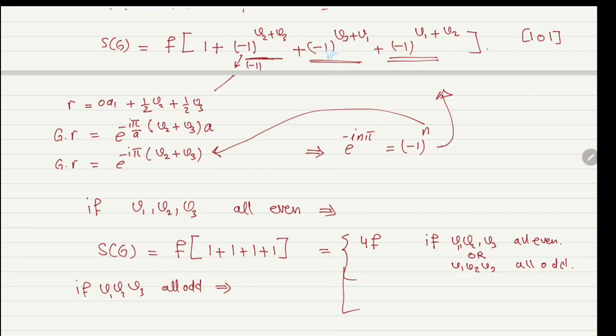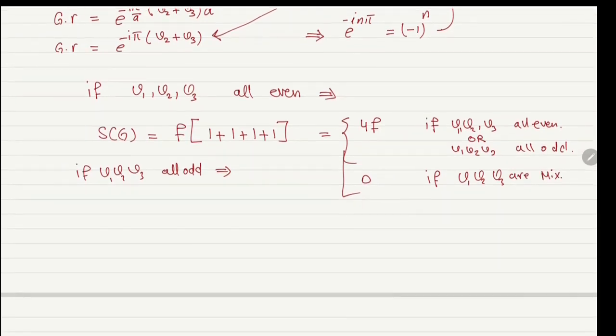Now this one here, V3 plus V1, 1 plus 1, it's even, so this one is 1. Now V1 plus V2 is odd, and this one is minus 1. Therefore 1 minus 1 plus 1 minus 1 is equal to 0. So if we have mixed numbers, then the structure factor is 0 if V1, V2, V3 are mixed numbers between even and odd.